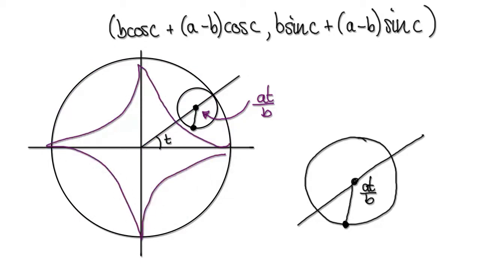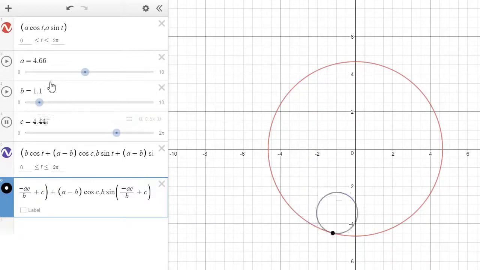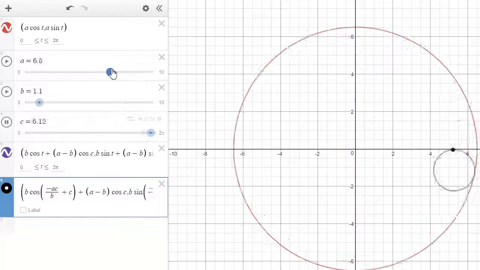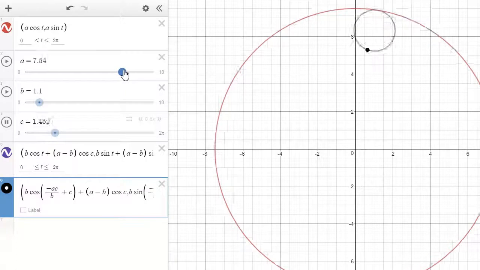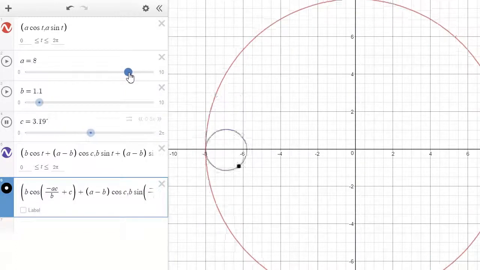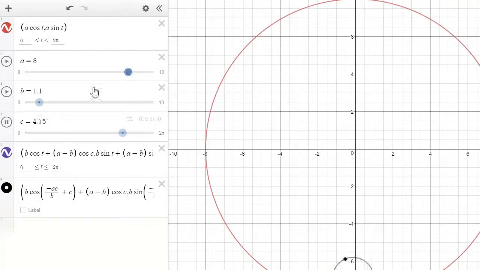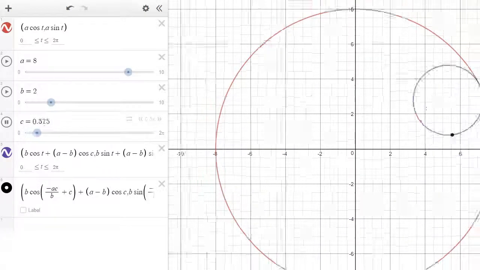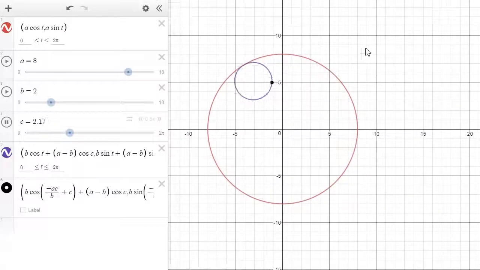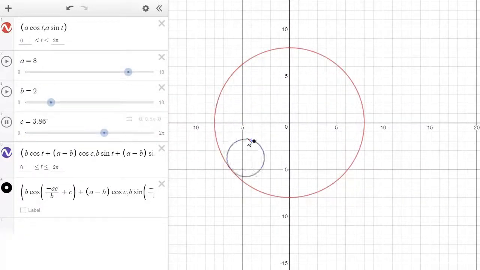Okay, so let's check it. Now if we make the radius A to be 8, and then B to be 2. Okay, so now we need to keep track of the path.